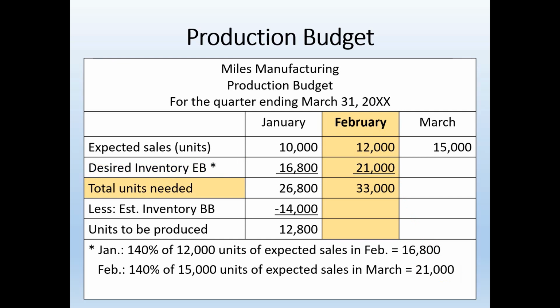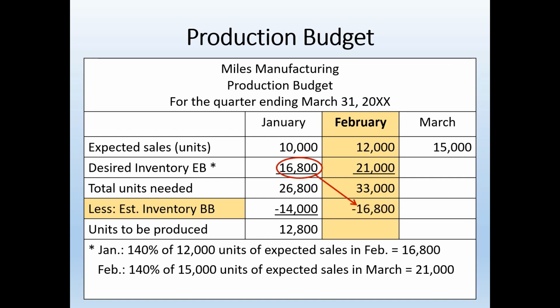Add the units that they believe they'll sell in February to the extra units that they want to have at the end of February, and that tells us how many units they need. But they don't have to make all of these units because one period's ending balance becomes the next period's beginning balance.